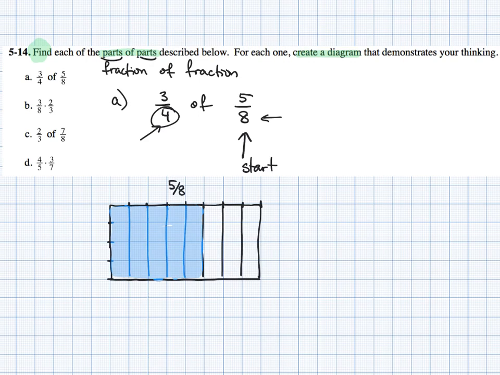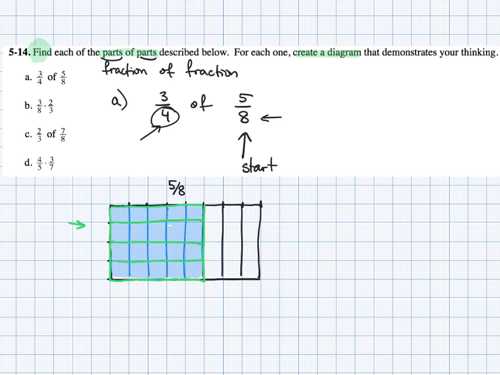Now that I have the 5/8, I need to find 3/4 of it. So basically I'm looking at this rectangle now only, because that's the part, and I have to divide it into 3/4. So remember, I divided it into 4 pieces earlier because of the denominator, so I'm going to divide it in 4 equal pieces sideways.